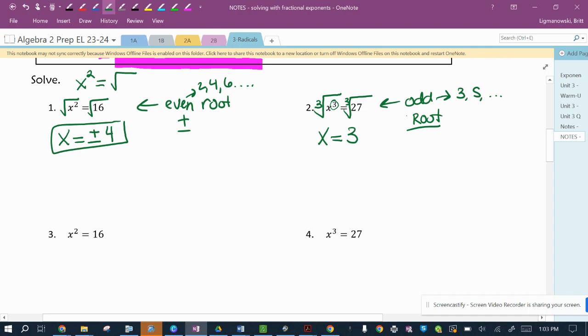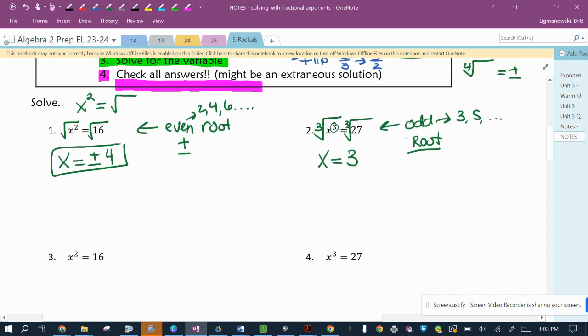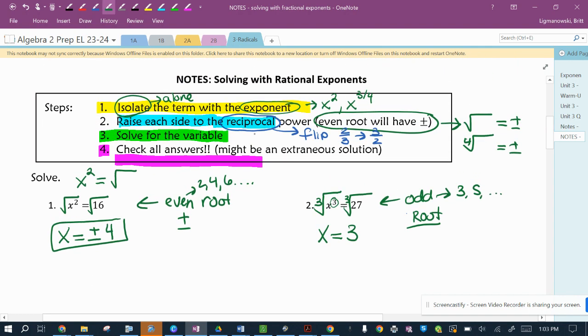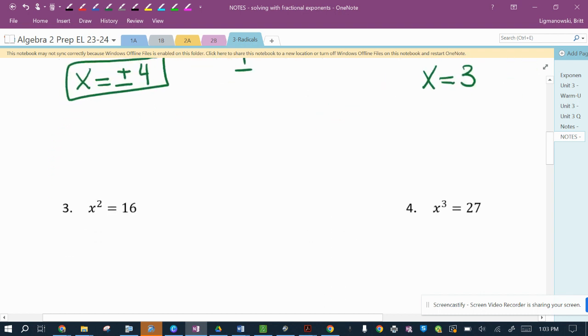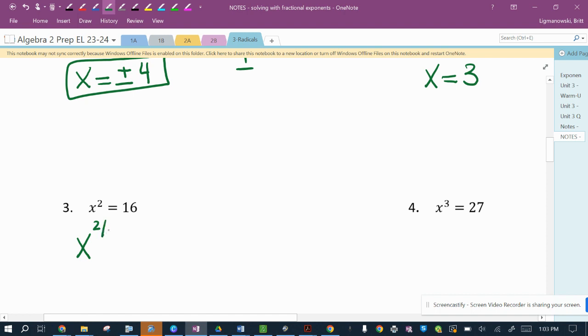There's actually another way we could go about solving these, and this involves the reciprocal or the reciproca, the flip of that fraction. So if I have x to the second, I can rewrite that as 2/1. And then I can use something called the reciprocal.